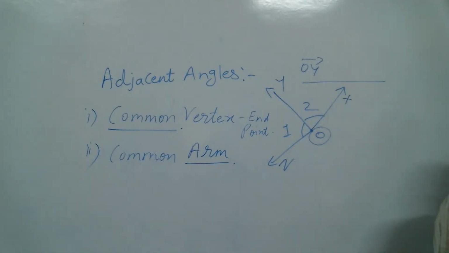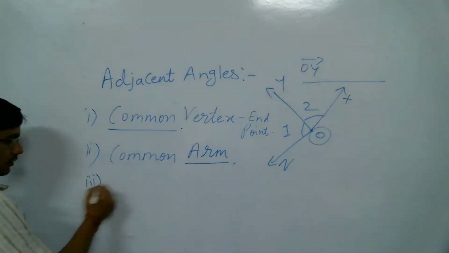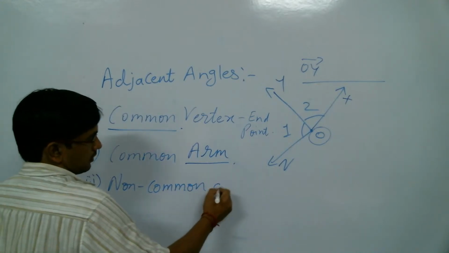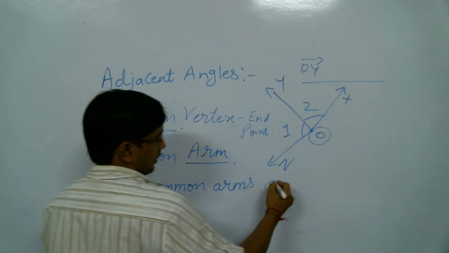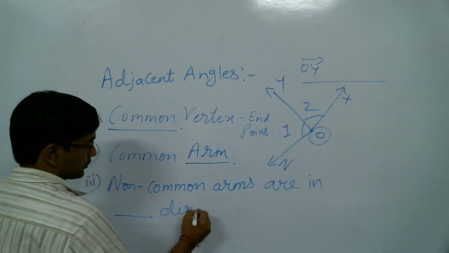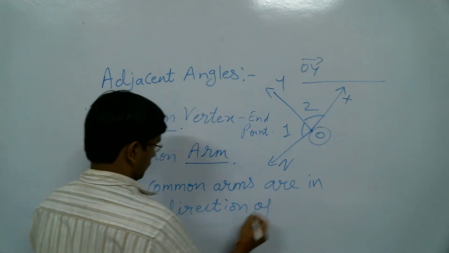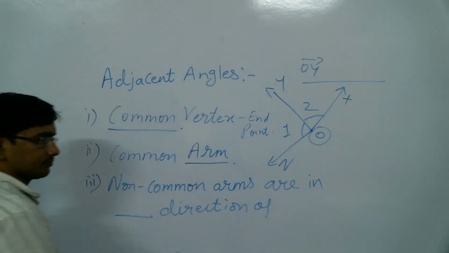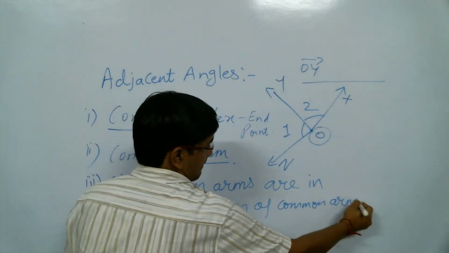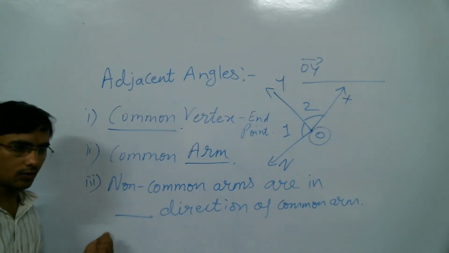And the third condition is, what is the third condition? Non-common arms are in dash direction. Which direction? Same direction or opposite direction of common arm?